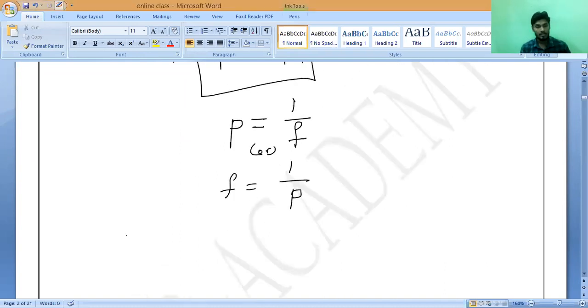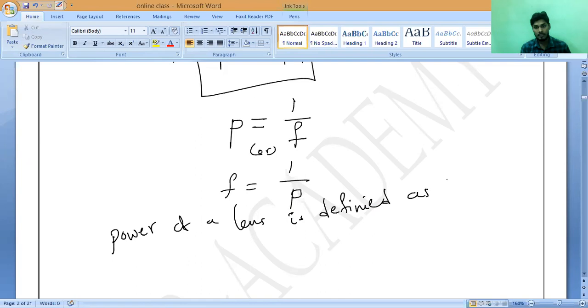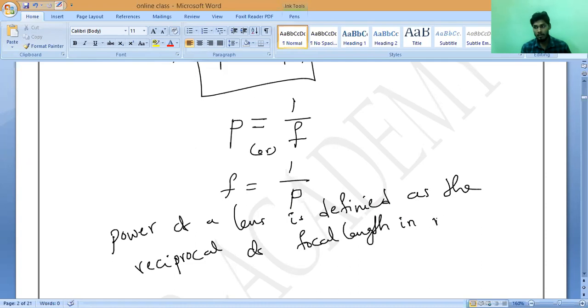Power of a lens is defined as the reciprocal of the focal length. Reciprocal means what? Inverse, 1 by. Reciprocal of focal length in meters.